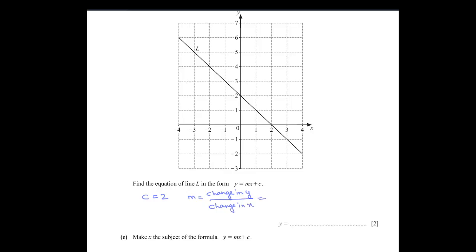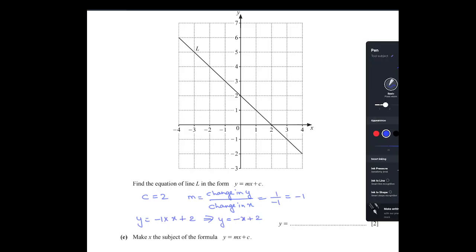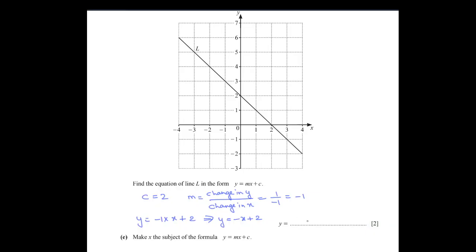Change in y is, it's going one number up and one number left. So it is minus 1. So overall it is minus 1. If you take y is equal to mx plus c, y is equal to minus 1 into x plus 2. So this will give you y is equal to minus x plus 2. The answer is y is equal to minus x plus 2.